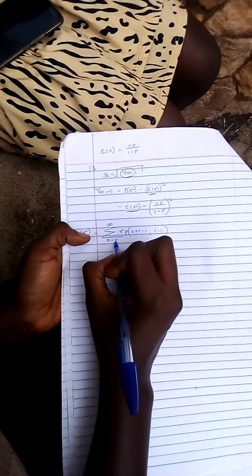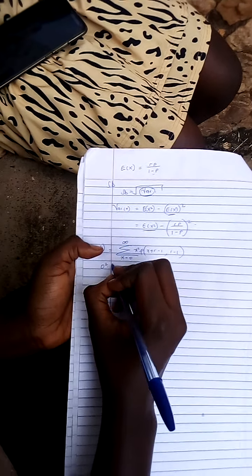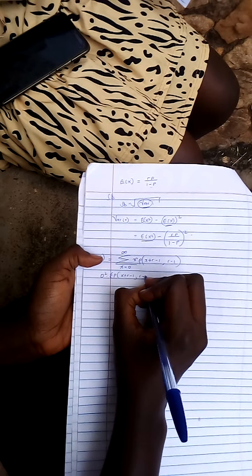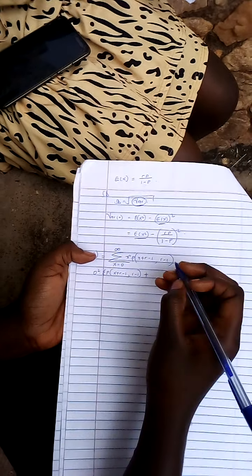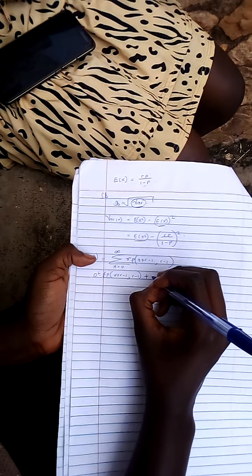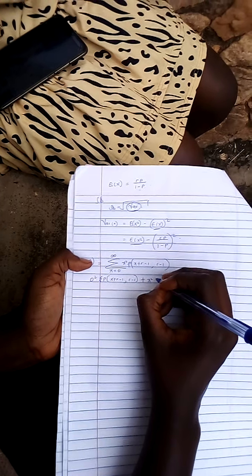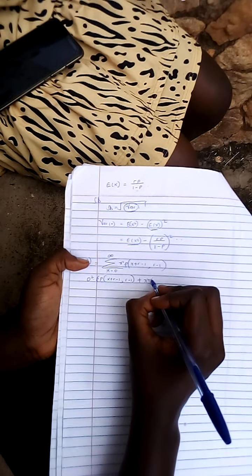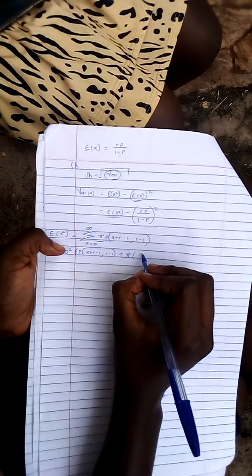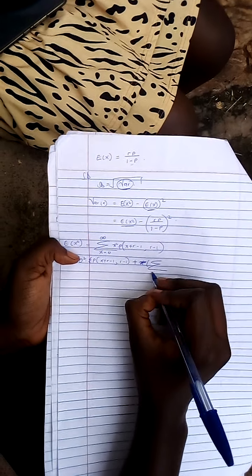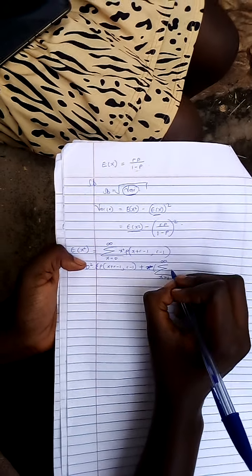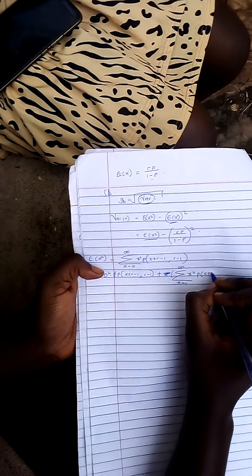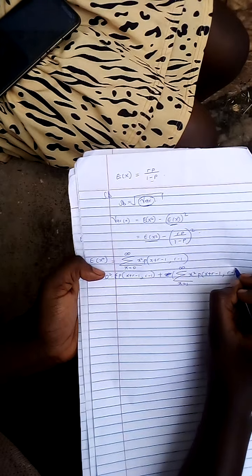So when x is 0, we have 0 squared into p of x plus r minus 1, plus when x is 1, x squared into p of x plus r minus 1, so the summation of x from 1 to infinity.